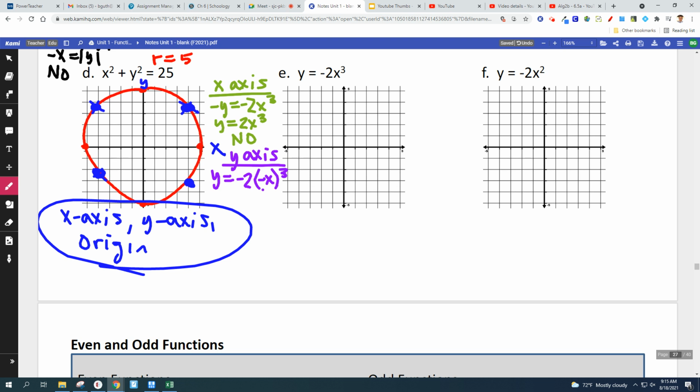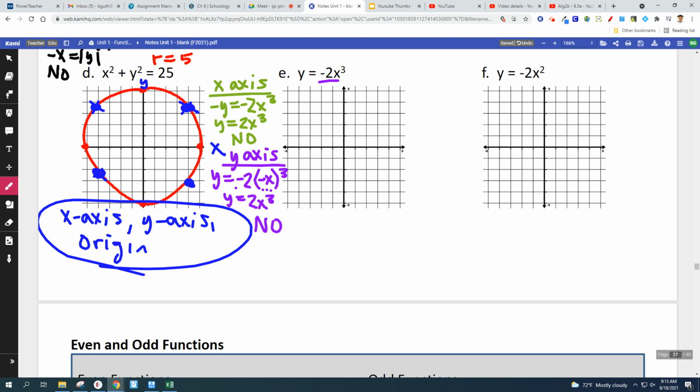Basically, what you've got is 1, 2, 3 negatives right here. If you've got a negative cubed, you've got 3 negatives, and you've got this negative out here. There's 4 negatives. So once you multiply all that out, 4 negatives makes a positive. This is y equals 2x cubed. That's not the same thing as what we started with, so I don't have y-axis symmetry.